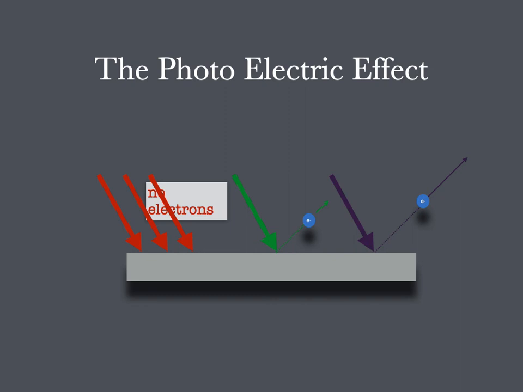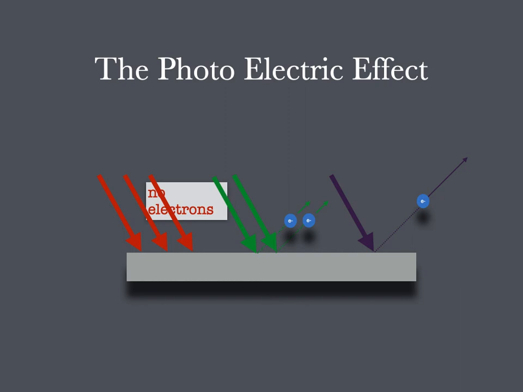If we double the intensity on the green light, we don't get faster moving electrons, we just get more of them moving at that same velocity. But at the higher frequencies, the higher energies, those electrons move faster.